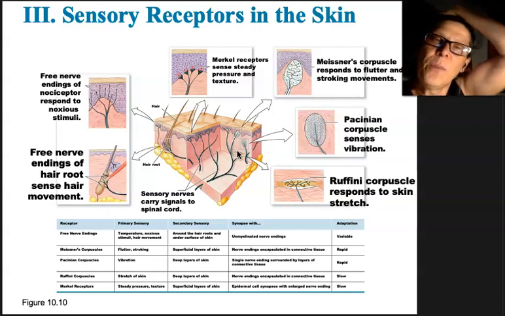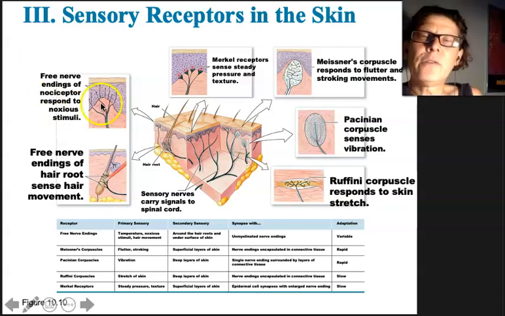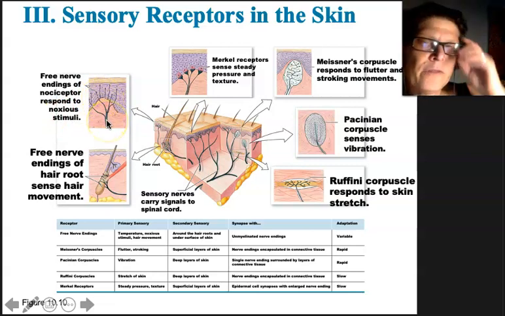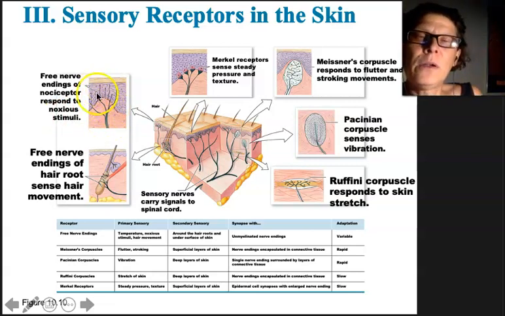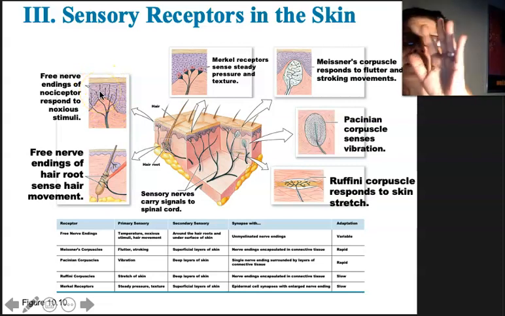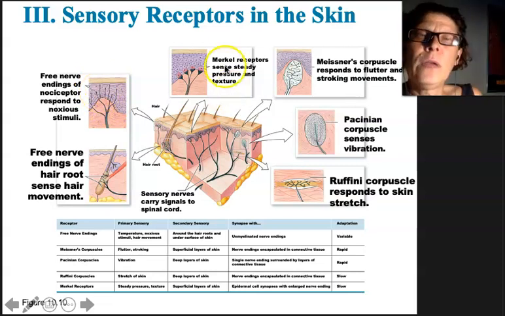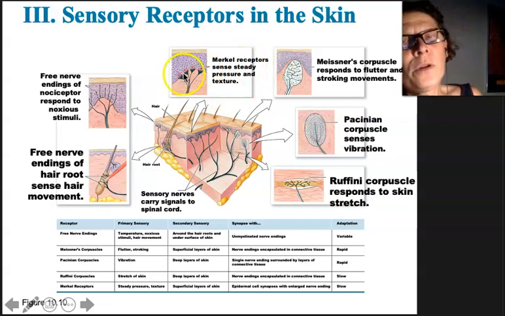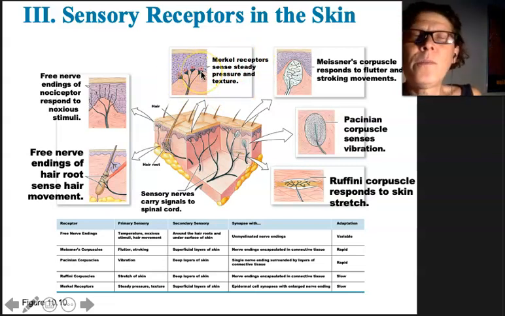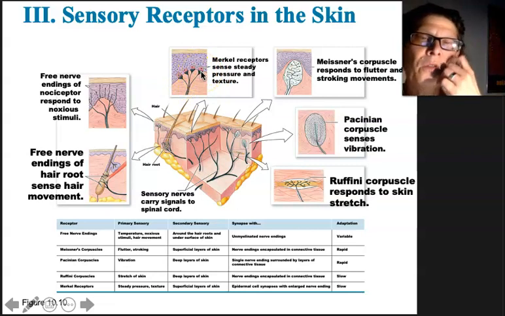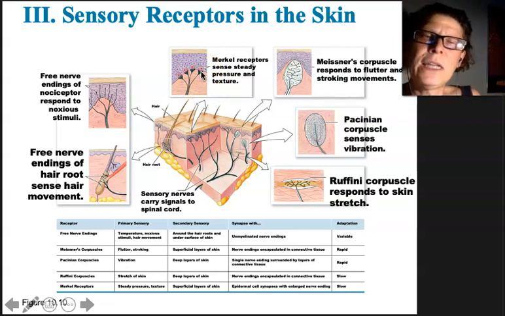But these are just some examples. We have the free nerve endings that are associated with an afferent fiber, the receptor being the dendrites of that nerve. We have a Merkel receptor that is part of the epidermis, although the deepest layer, responding to pressure and texture change.